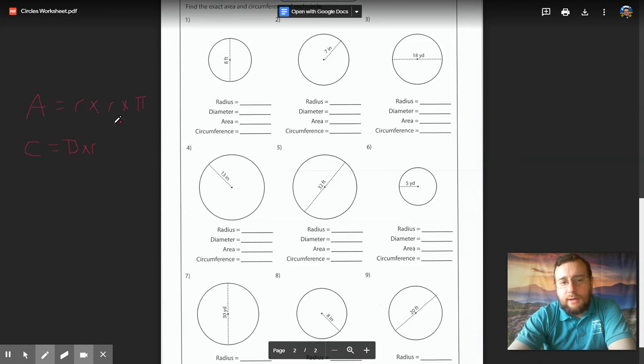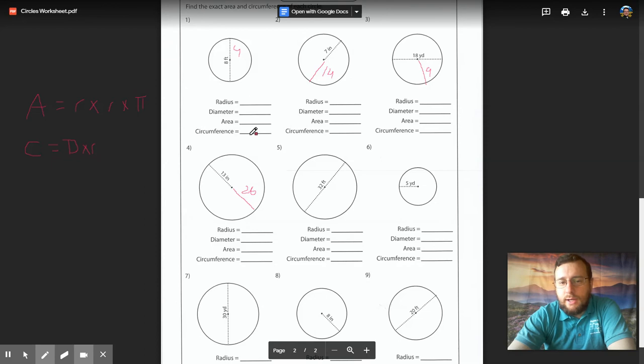Because of that, every time, even if you don't need it, I always start by drawing the radius if I don't have it, or drawing the diameter if I don't have it. So for one like this, where the radius is 7, then I know the diameter is going to be 14. This one, where I have a diameter of 18, I know the radius is going to be 9. And here, the radius is going to be 4. Over here, the diameter is going to be 26, and so forth.